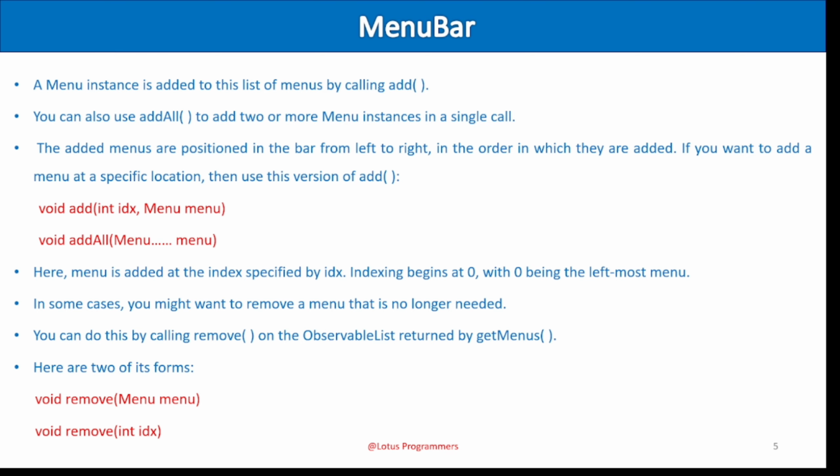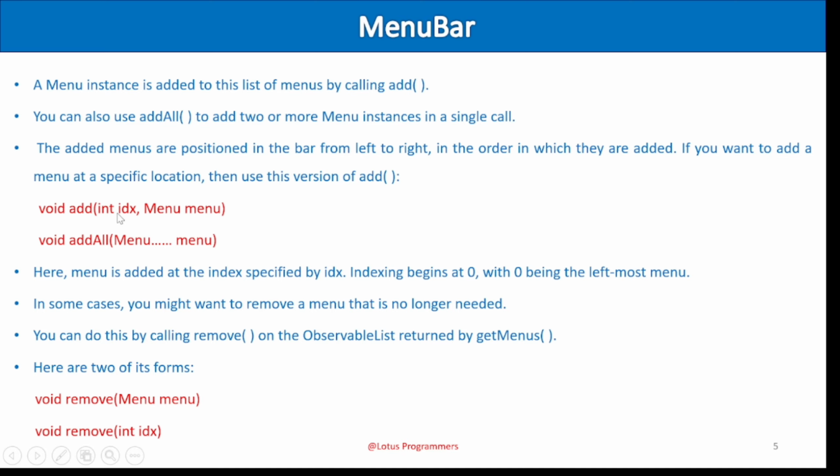Let us understand how to add menus to the menu bar. After retrieving the observable list of the menu bar, by calling the add method and addAll method, we will add the menus. So here we are defining two methods, the add method and the addAll method, for adding menus. The first method, add, contains two arguments. One is the index argument and the second one is the menu argument. After creating a menu, that menu is passed as the second argument.